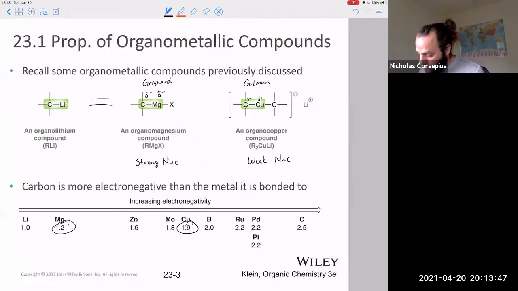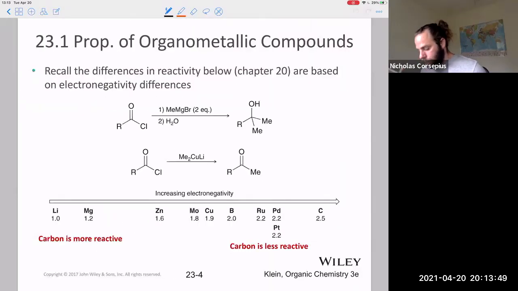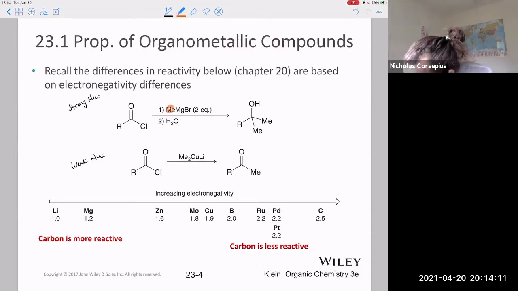And so because of this, first of all, just to review some of the reactions we saw. Again, Grignards we said were strong nucleophiles, whereas Gilmans were weaker nucleophiles. And so where this was illustrated most clearly was with regard to our carboxylic acid derivatives, in particular the acyl chlorides. We saw that a Grignard will actually react twice.